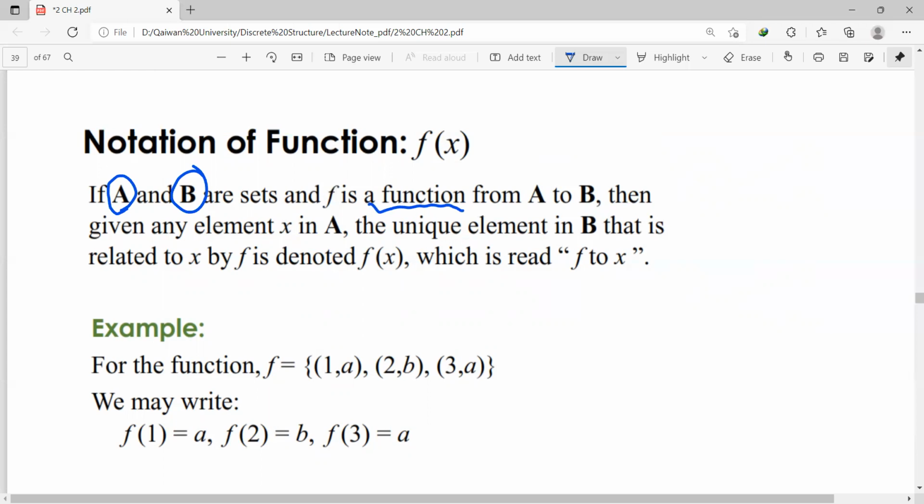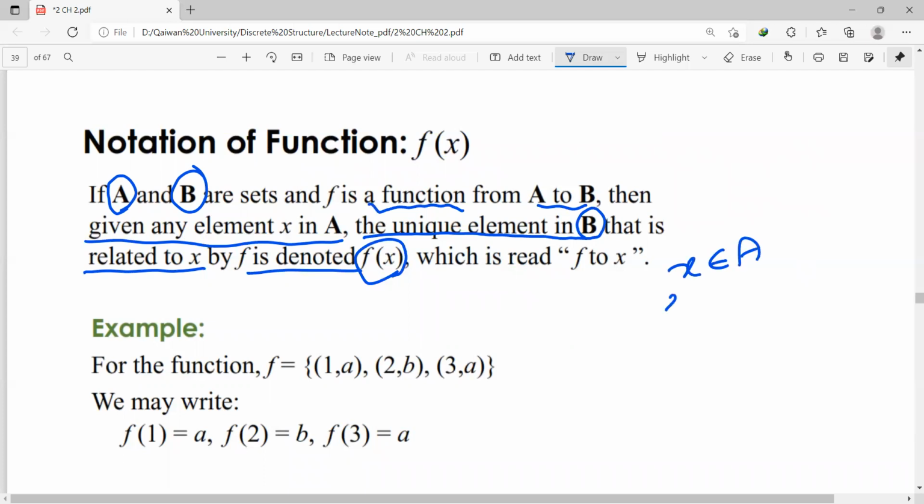Then, given any element X in A, the unique element in B that's related to X is denoted by F of X. That means the image of elements in A is denoted by F of X. For example, if X is in A, so what's the image? The image F of X is in B.